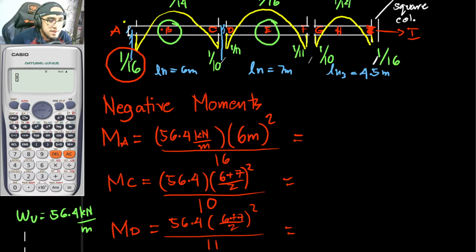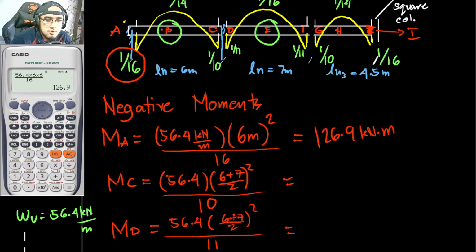So, solving for that, this is now to be 56.4 times 6 squared divided by 16. So, yung unang moment natin is to be 126.9 kilonewton meter, I should say.